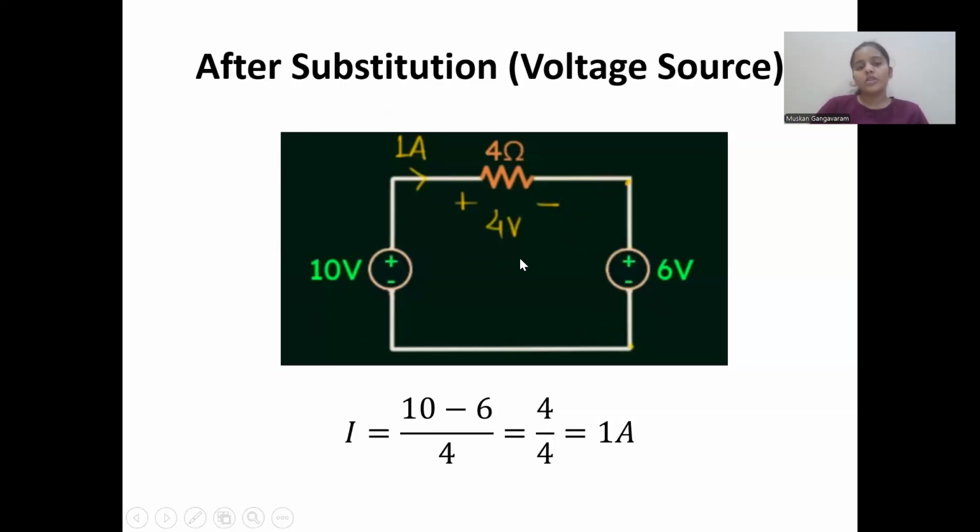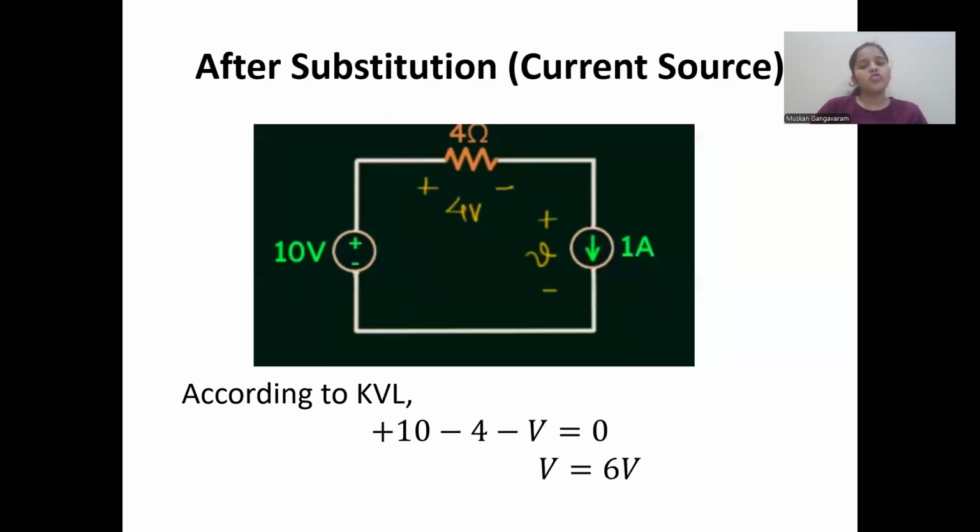The parameters did not change when we replaced the 6 ohms resistor with a voltage source. Now let us check if the parameters change when we replace it with a current source. Here we have replaced the 6 ohms resistor with a 1 ampere current source. Since it is a direct current source, we can tell that the current passing through this circuit is 1 ampere.